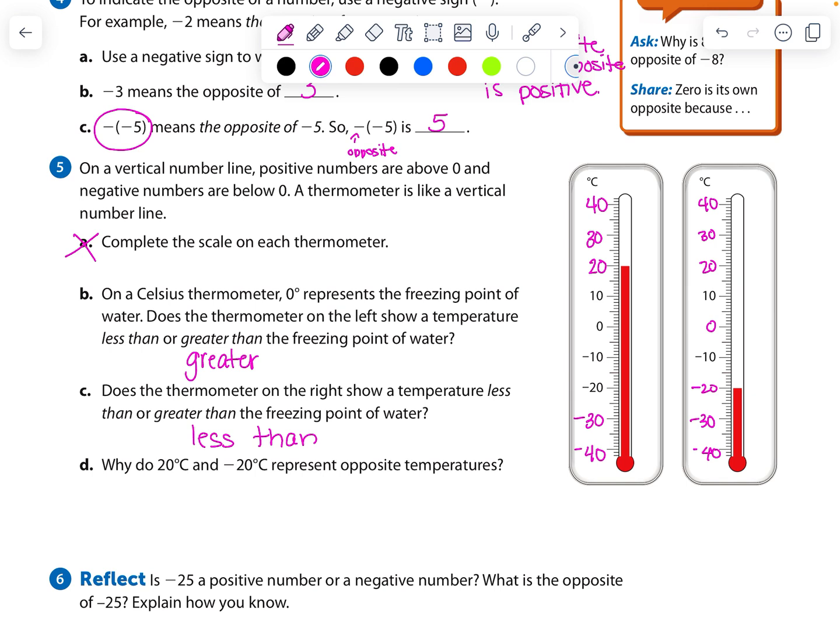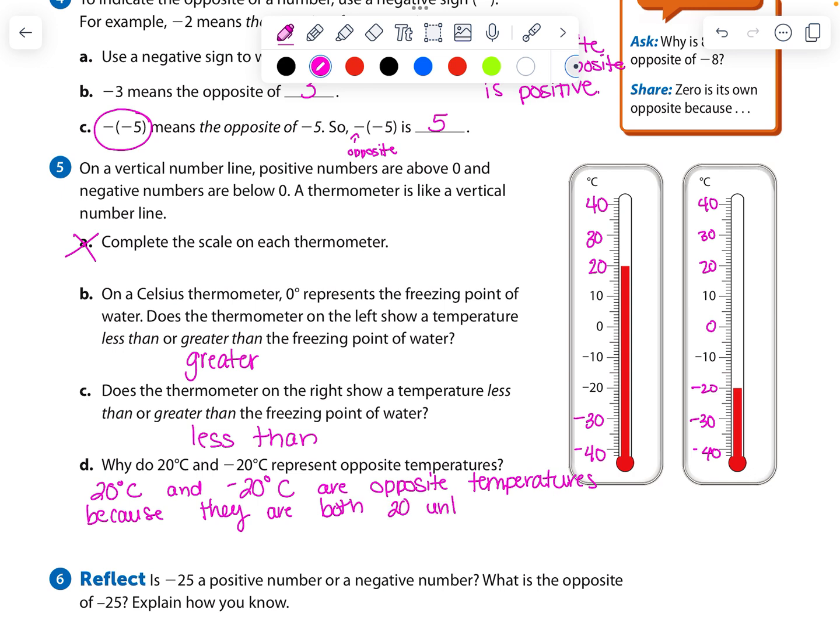So we would say 20 degrees Celsius and negative 20 degrees Celsius are opposite temperatures because they are both 20 units away from 0, but on opposite sides.